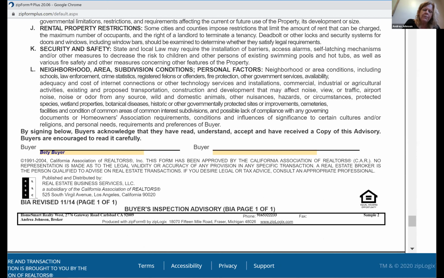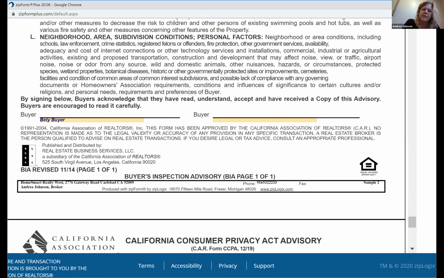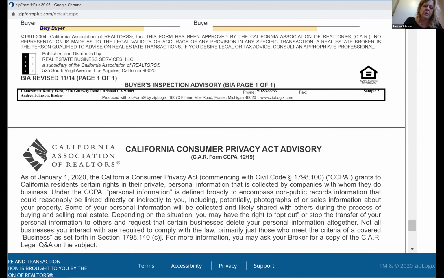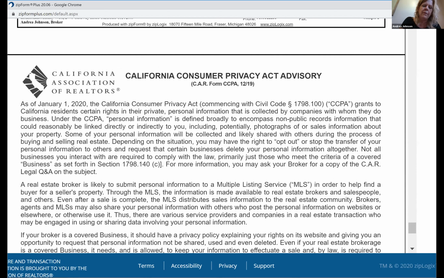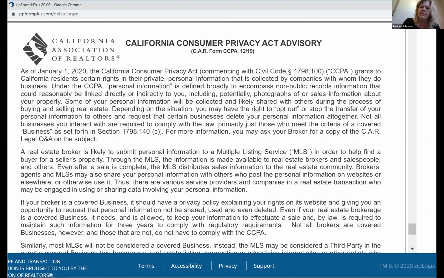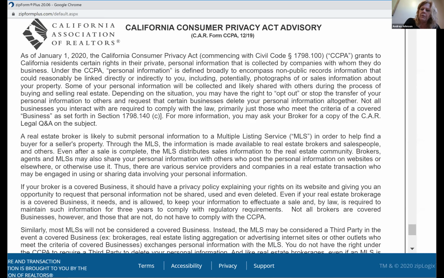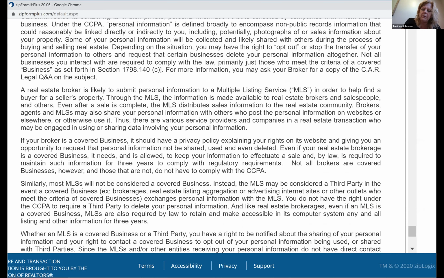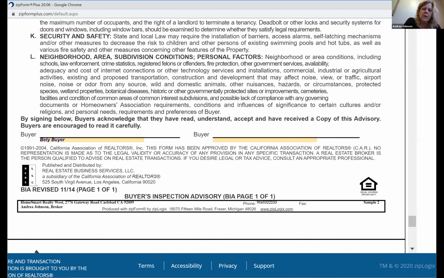Some agents want to put it in with the offer. I think a lot of listing agents don't want 14 more pages of items at the time they're negotiating an offer before they've even come to an accepted offer. And then this last disclosure, the California Consumer Privacy Act advisory, which was recently added to the RPA package.